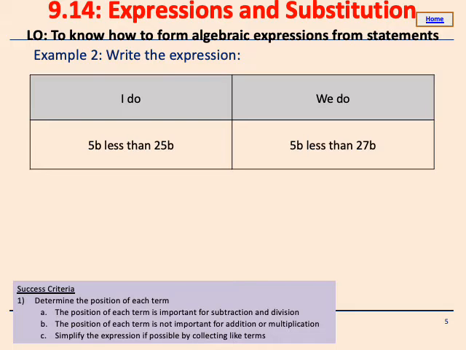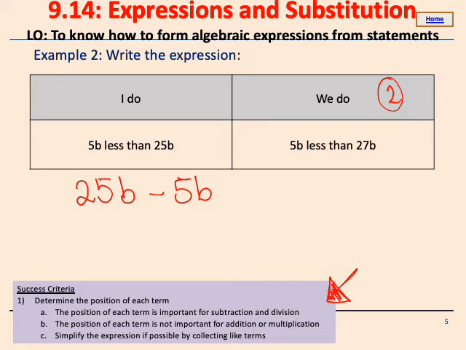So if we're 5b less than 25b, then we're starting with 25b and we're taking away 5b. So pause the video now and see whether you can do that in the next 30 seconds. The success criteria is here to help you if you need it.